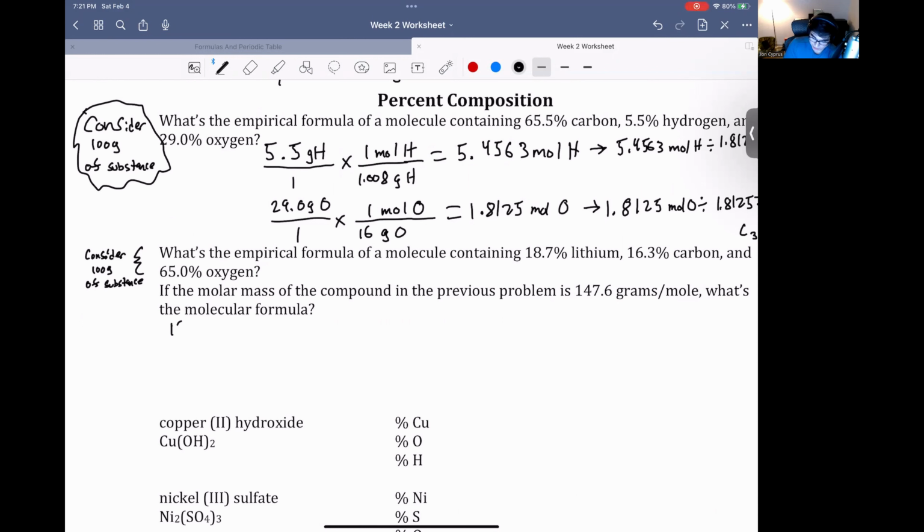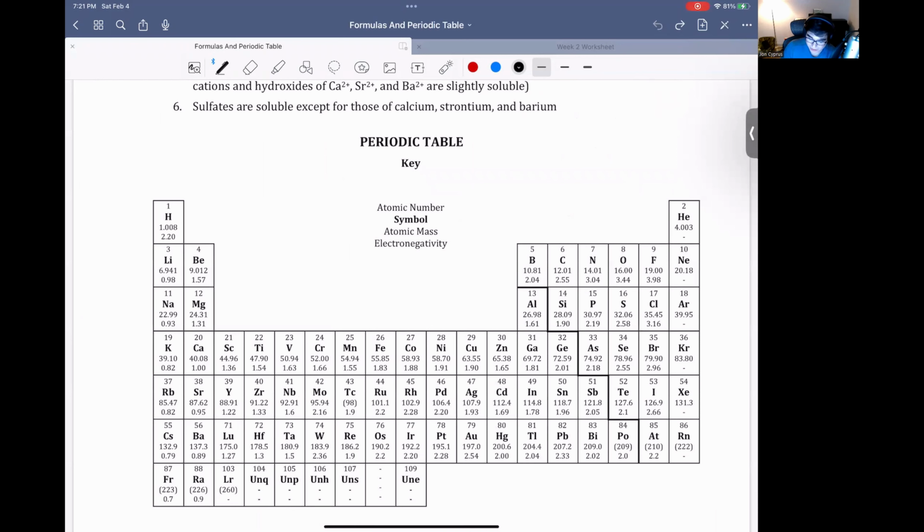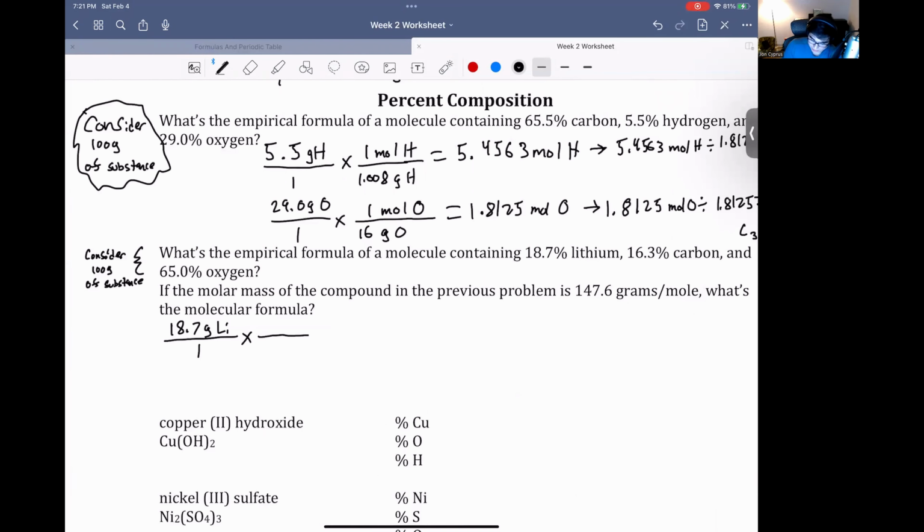So first we start with 18.7 grams of lithium. Lithium has a molar mass of 6.941, so 6.941 grams of lithium for every 1 mole of lithium.